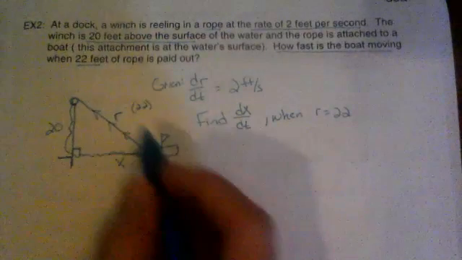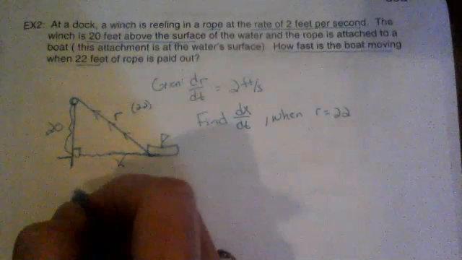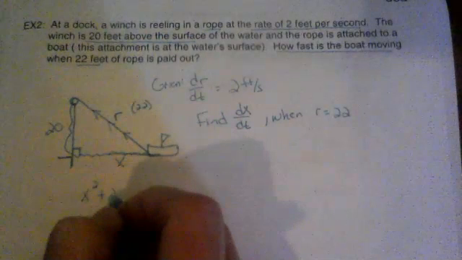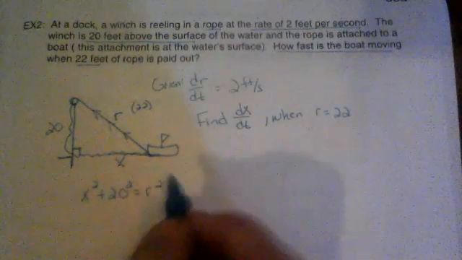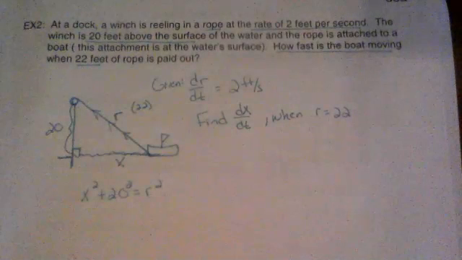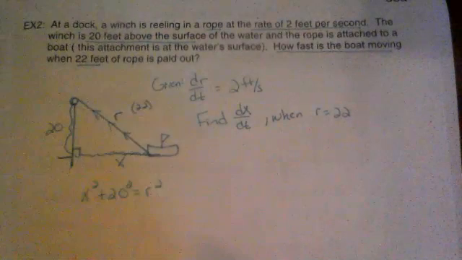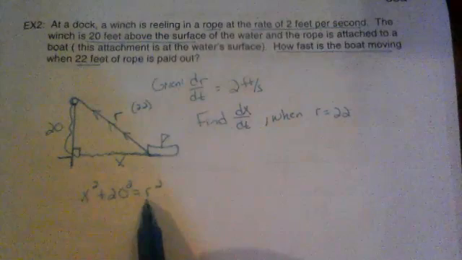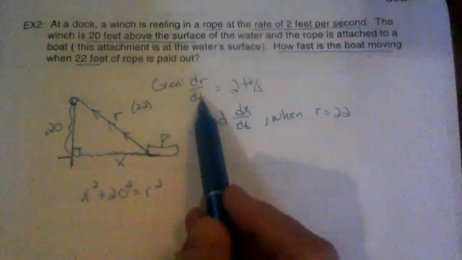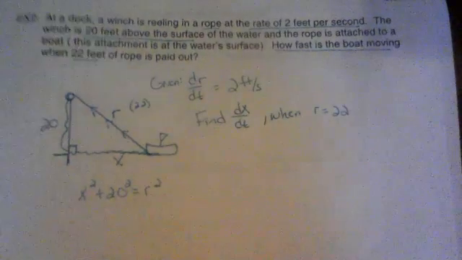So I could set up a Pythagorean theorem here that says x squared plus 20 squared equals r squared. So that gives me some kind of equation or formula to work with. And in this formula, I have two variables. I was given one rate of change, so I should be good.